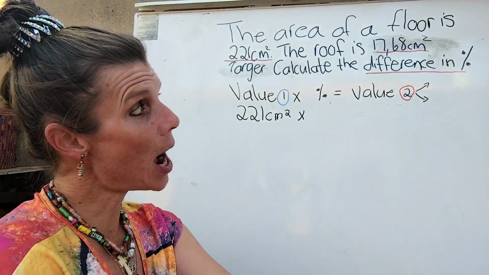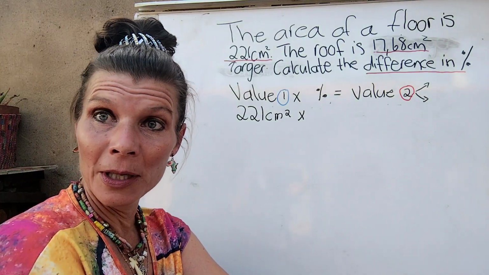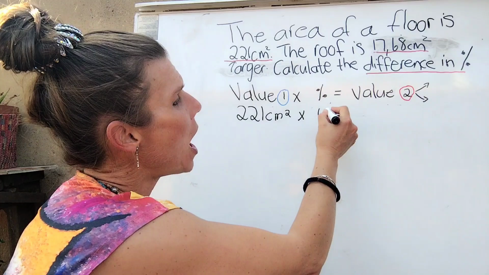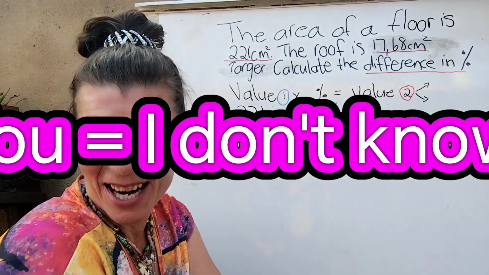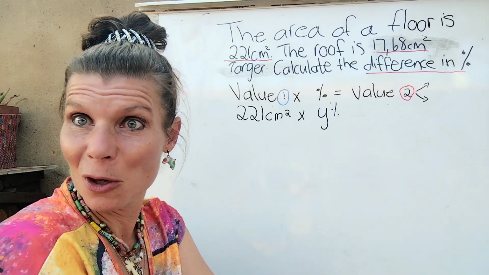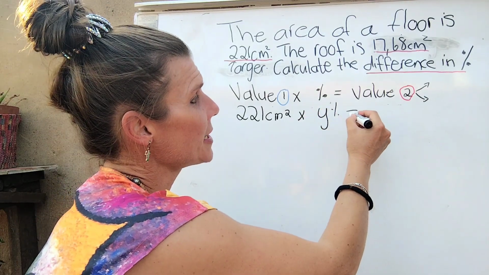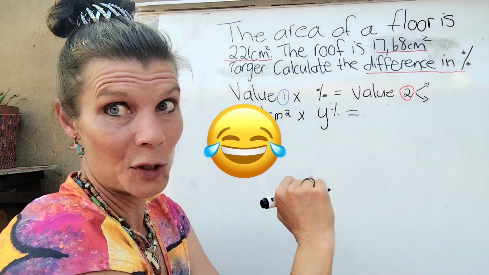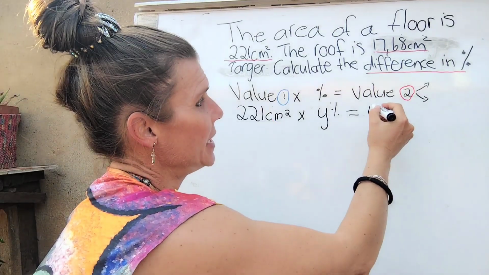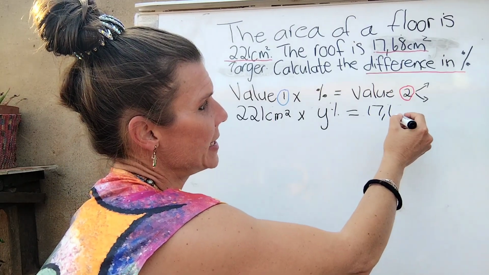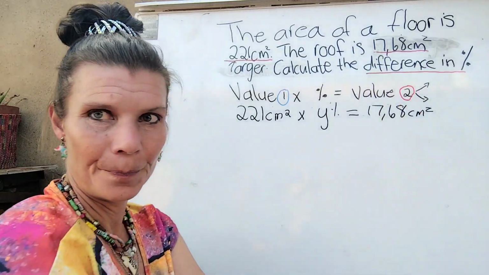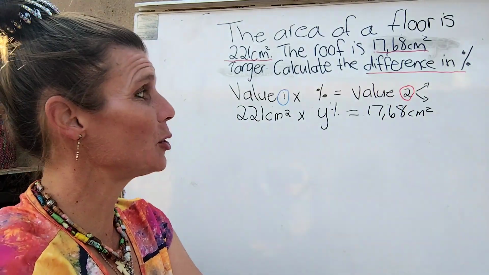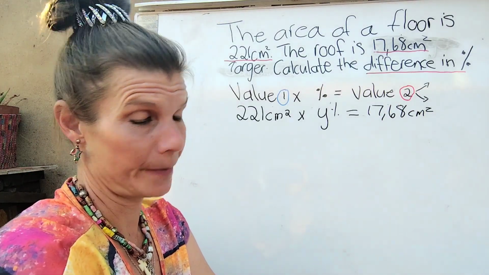No. Now, I like to use the variable abbreviation Y. Why? Because I don't know. I want to know. That's the question. Equals, I know the value of 2, 17.68 centimeters square.